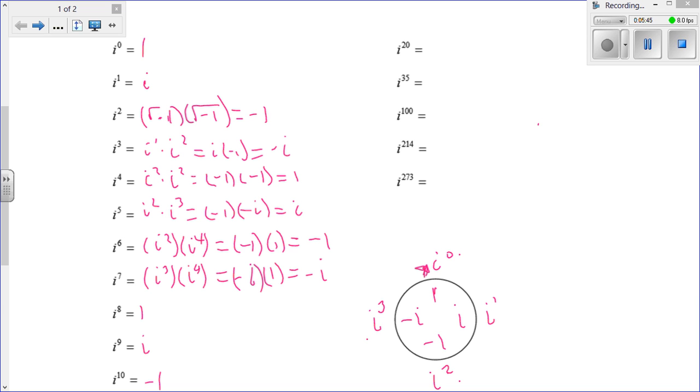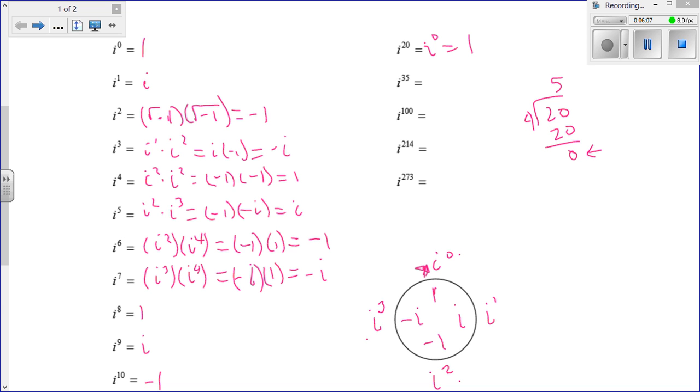So I'm going to do a little bit of long division here. 20 divided by 4 goes in there 5 times. I have 20. My remainder is 0. My remainder is where my answer is at. So this would be equivalent to i to the 0, which is 1.